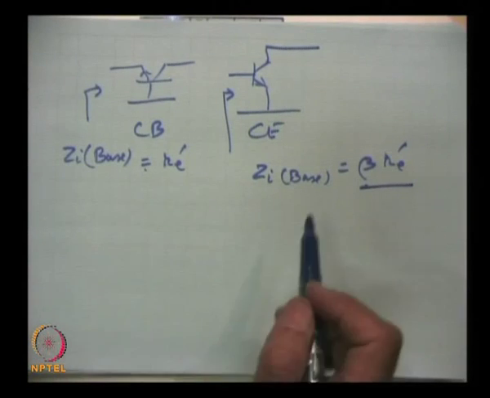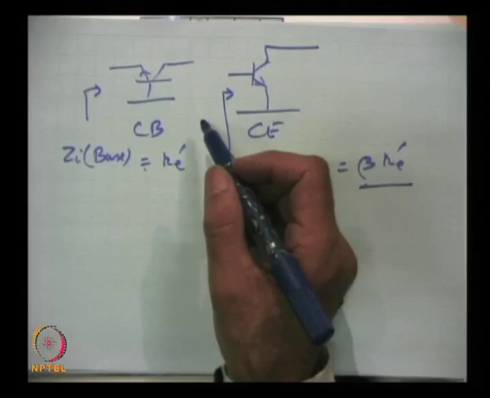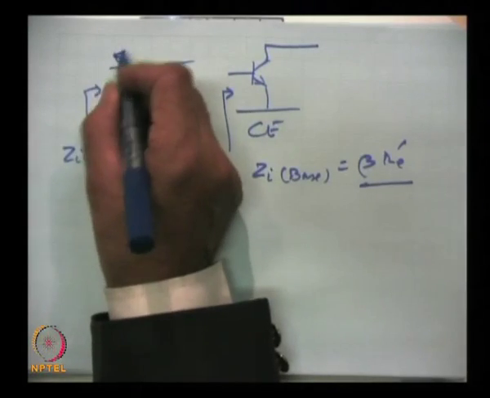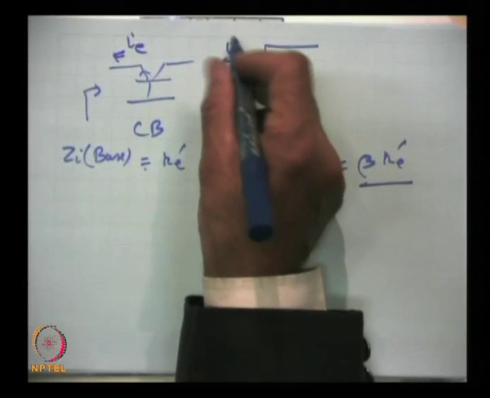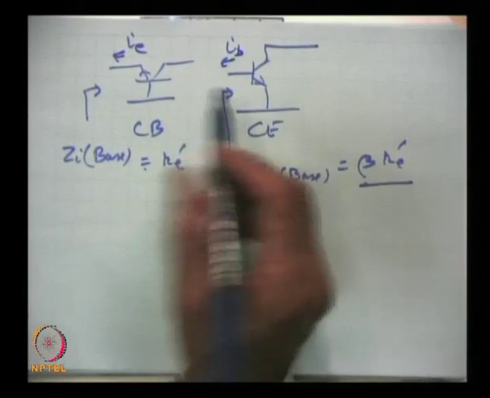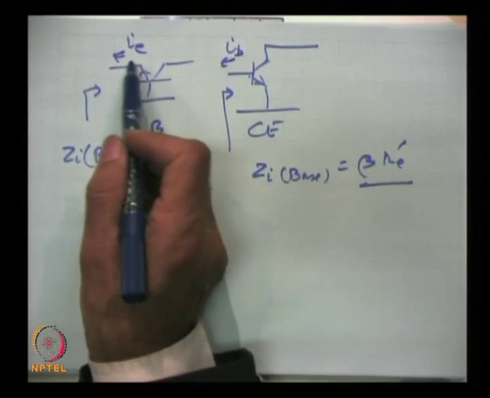Not difficult to find the reason. How do we know the input impedance for any circuit? It depends what current it draws. If it draws a very small current, then the impedance is high, maintaining the same voltage. Here the current which it will draw is I E, here it will draw I B. Input current here is I e.